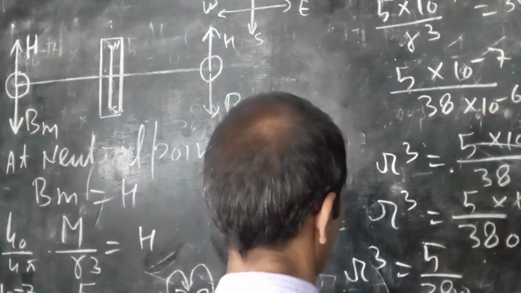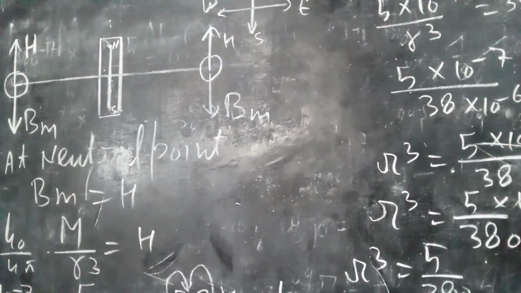Now cut this, then r cube is equal to 1 upon 76. Now take log. So log r cube is equal to log of 1 by 76. So 3 log r is equal to log 1 minus log 76. So 3 log r is equal to 0 minus log 76.